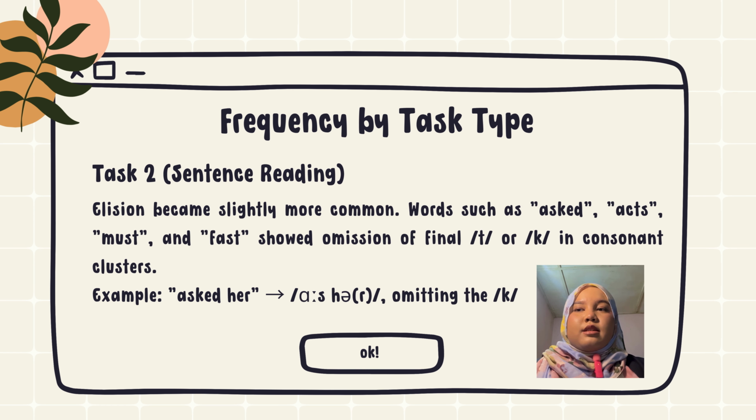For the second task, which is sentence reading, elision becomes slightly more common. Words such as "us," "X," "must," and "fast" showed omission of the final t or k in consonant clusters. For example, "ask her," omitting the k sound.